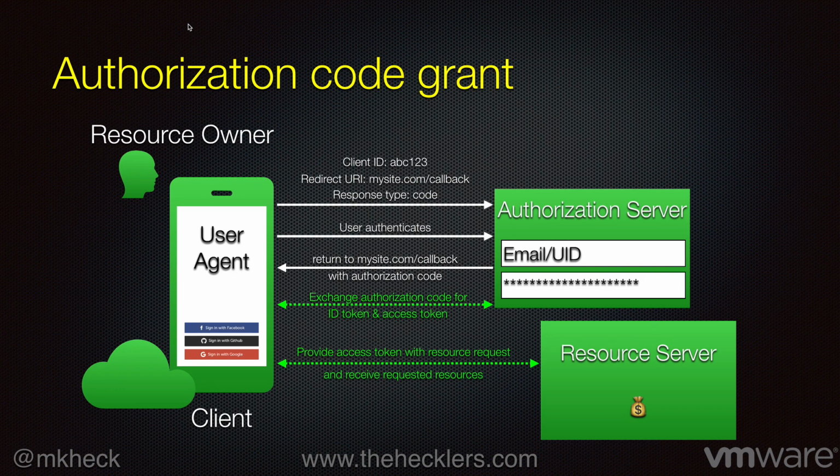You also have the implicit grant, which was originally created for browsers and user agents where you weren't 100% sure they could be secure. It was kind of a compromise. We have the authorization code grant where you were fairly confident that you would be secure, which separated the browser, the user agent authentication, from the actual client that would request access to the resources.